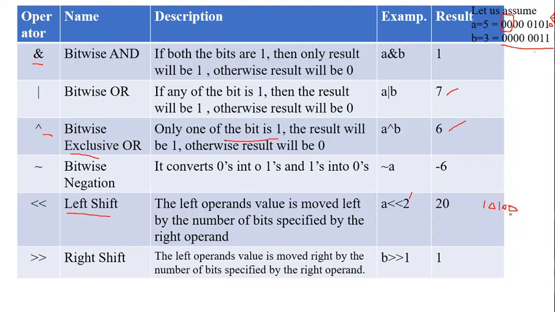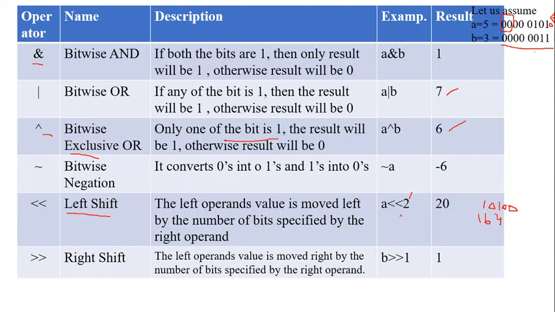Its equivalent decimal is 16 plus 4, which is 20. Zero means you need not count. So it's a simple thing. If this is 1, it will be 10, just multiplied by 2. If it is 3, the answer will be 40 like this.